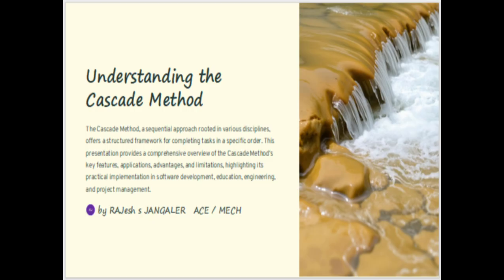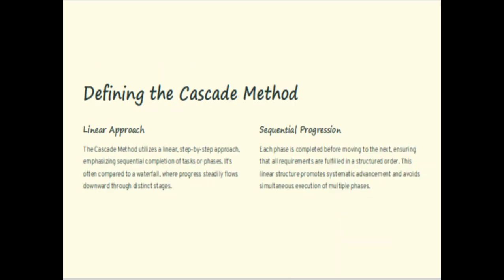Here we are going to have two important approaches for defining the cascade method. One is the linear approach. It utilizes a step-by-step approach where we emphasize the sequential completion of tasks or phases, compared with the waterfall, where the progress steadily flows downward through distinct stages.